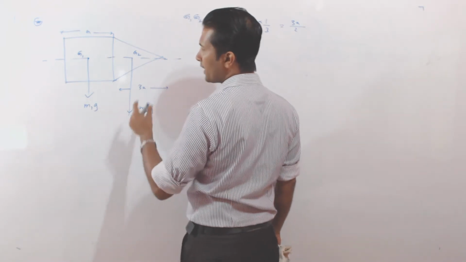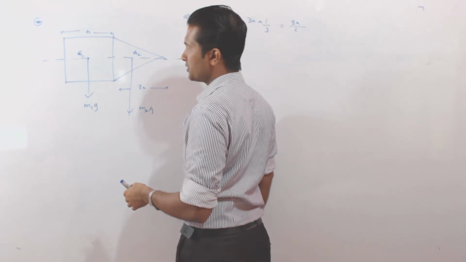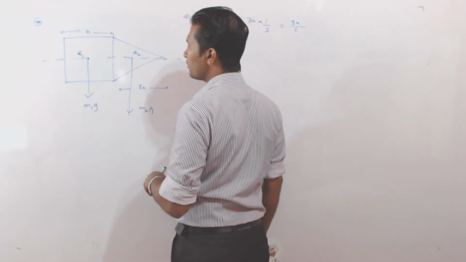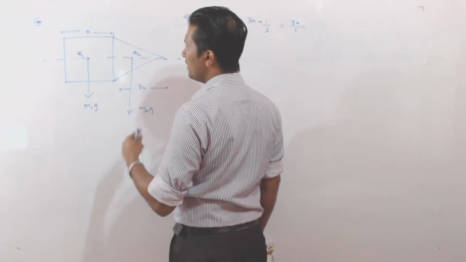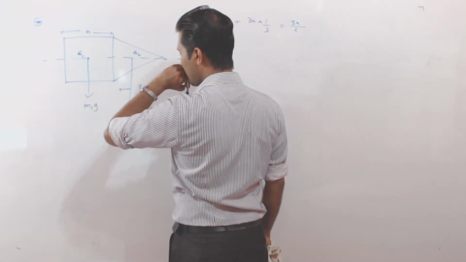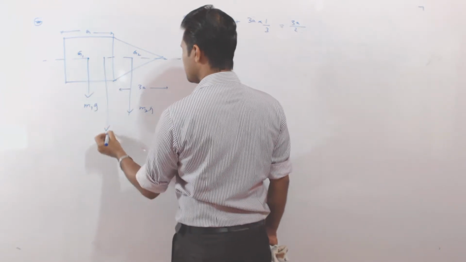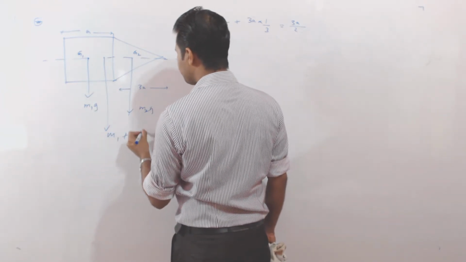So we know that when two parallel forces with the same magnitude and the same direction act, we can find the resultant. The line of action of the resultant should be in between the given forces, just like this.